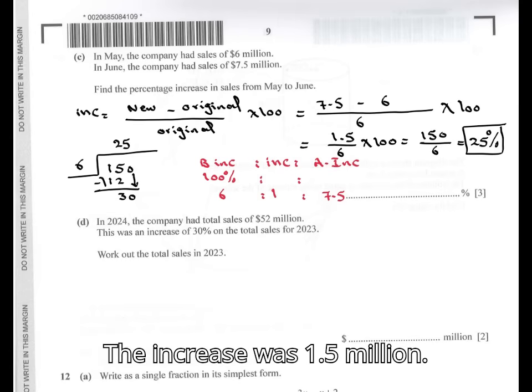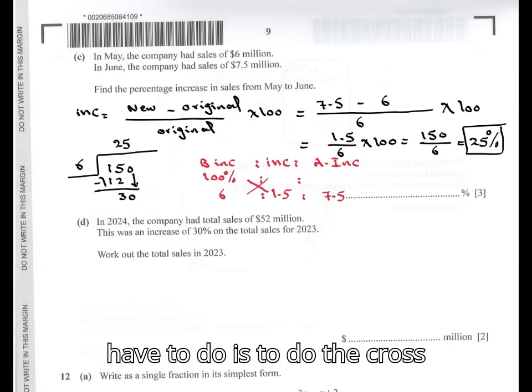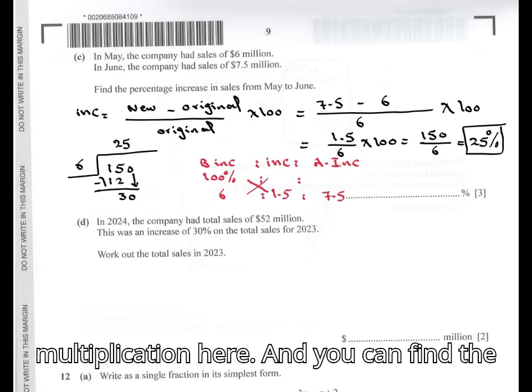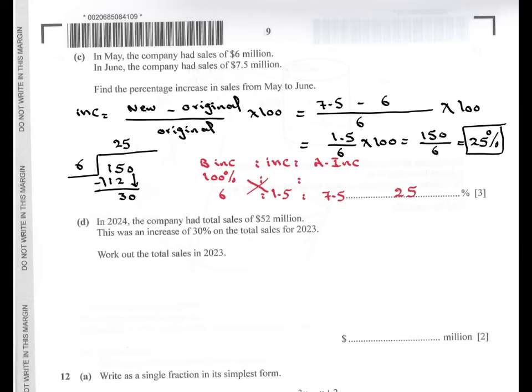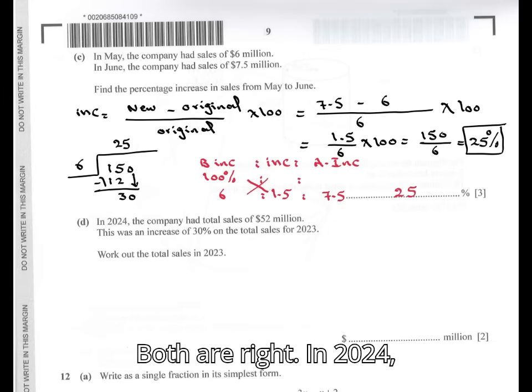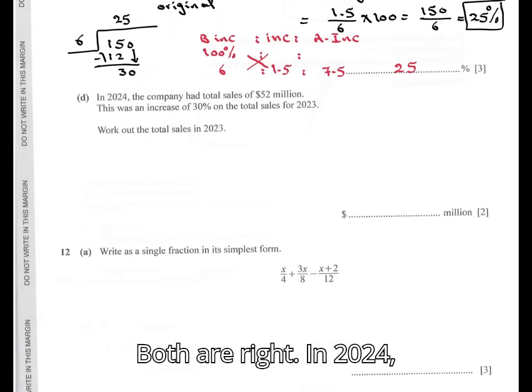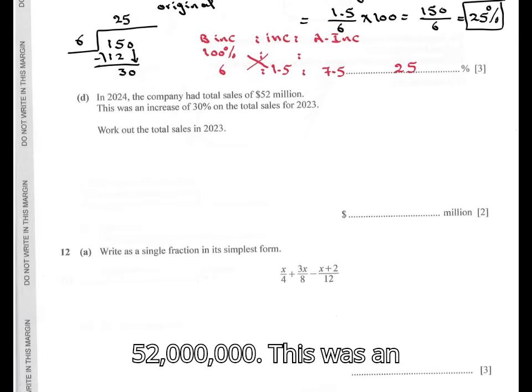The increase was 1.5 million. To find the percentage increase, all you have to do is the cross multiplication here. And you can find the same result, which is 25%. Use the method that suits you. Both are right.